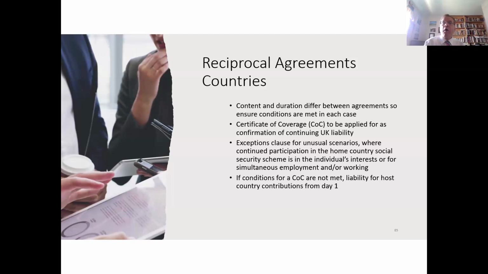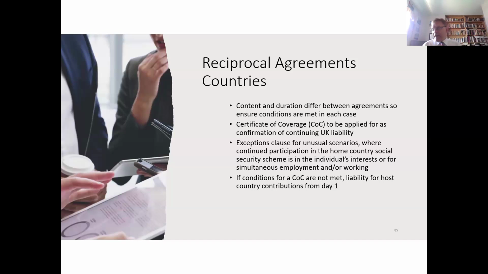On this basis, what we're looking at there is potentially a 5-year agreement with the United States. I could go over to the US and remain within the UK social security system for up to 5 years, whereas an American could come to the UK and remain within FICA for 5 years on that basis.